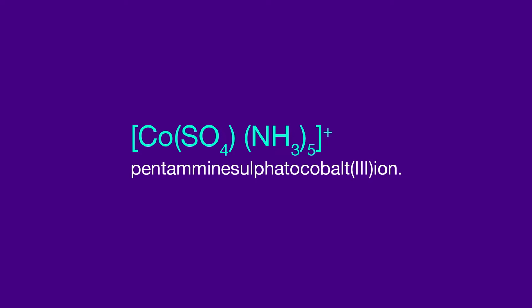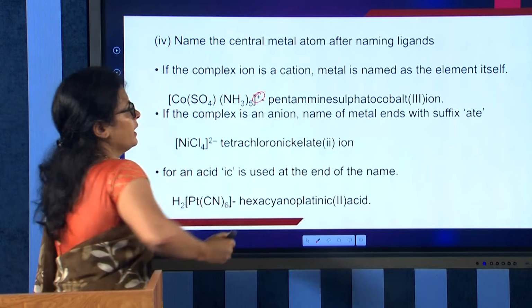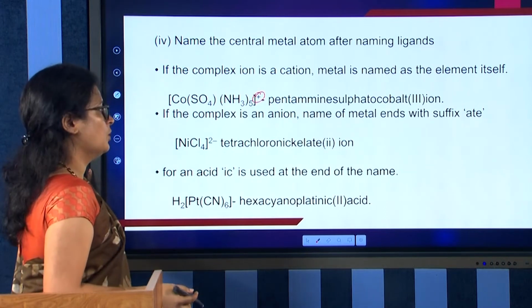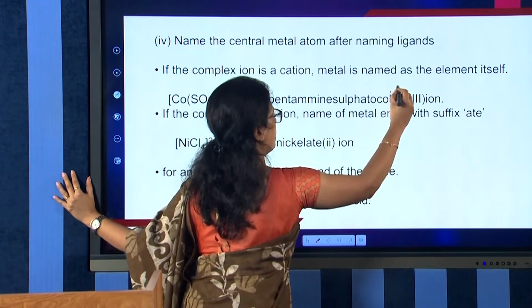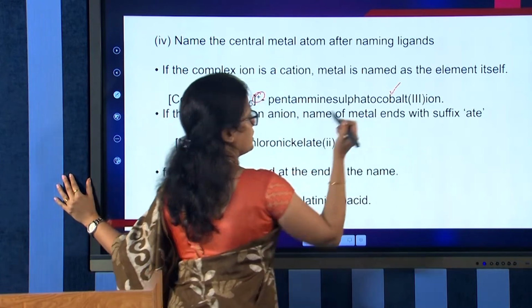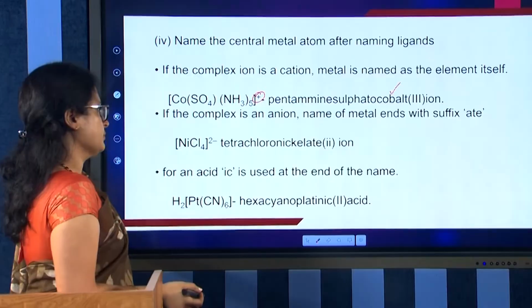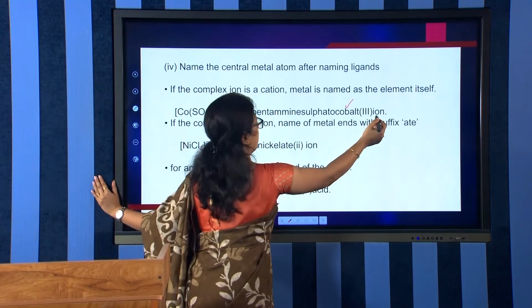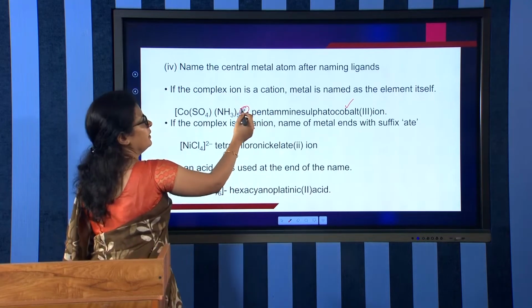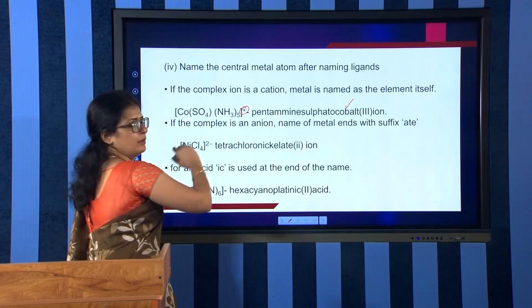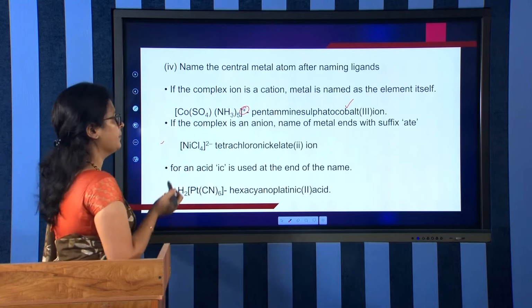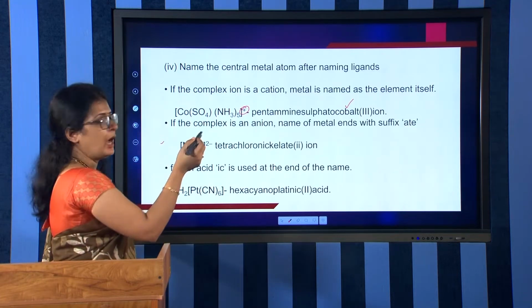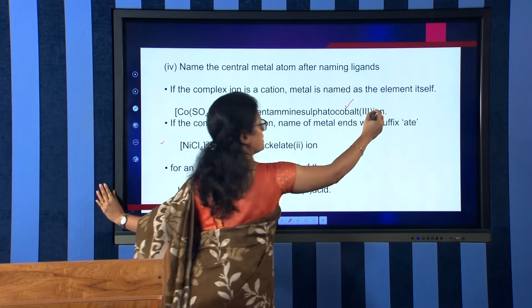Cobalt should be named as such, because the complex ion is a cationic part. The oxidation state is plus 3. And why are we adding ion here? Because in this case the plus charge is itself written. No counter ions are given in the example. That is why we are writing ion at the end.